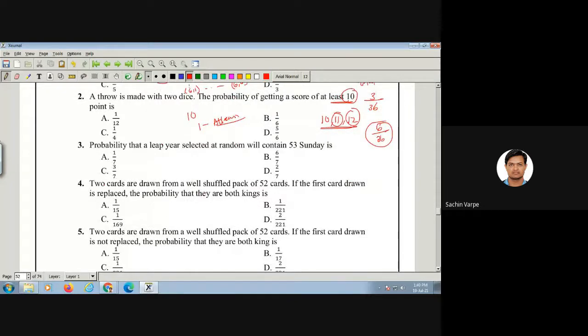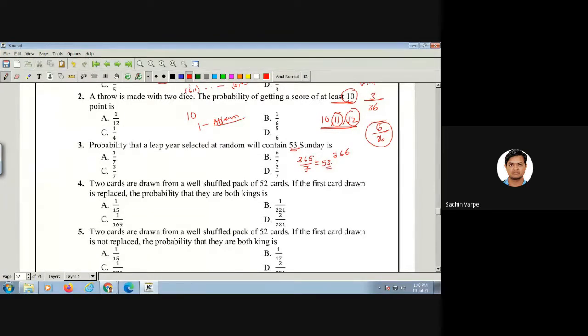Okay. The probability that a leap year selected at random will contain 53 Sundays. This is what is asked. As we know, in a normal year we have 365 days, and in a leap year we have 366 days. And in a week we have 7 days. So if we divide by 7, we will get 53 point something.